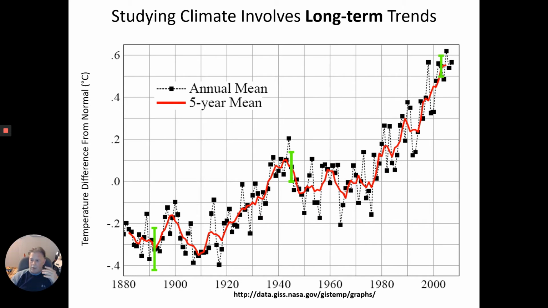By looking at this graph, when we study climate, it requires long-term trends, going all the way back from 1880 to today. Long-term climate changes we often look at over 30 years, 50 years, 100 years. Just take a look at the x-axis, and it goes from 1880 into the 2000s. Again, studying climate involves long-term trends.